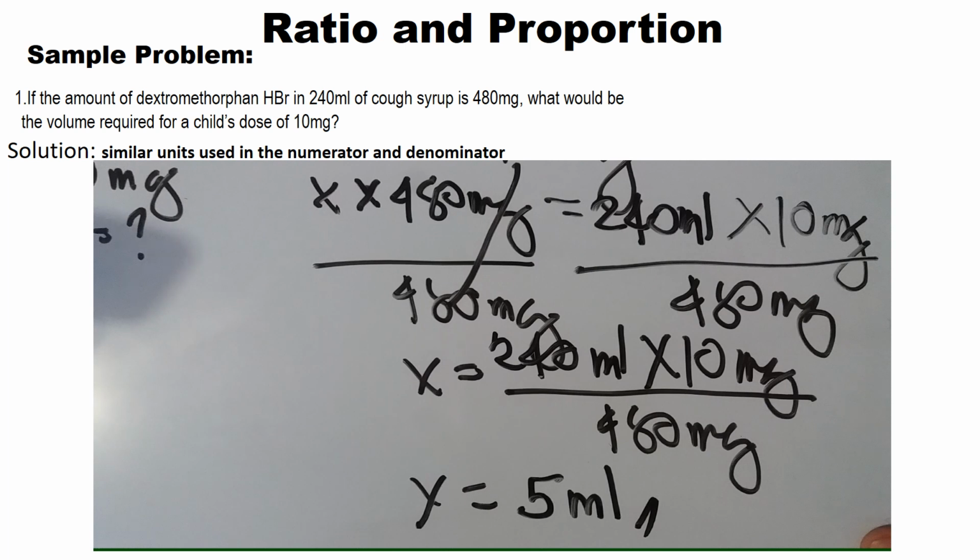So the volume equivalent to 10 milligram is 5 ml. In each 5 ml, it contains 10 milligram of dextromethorphan.